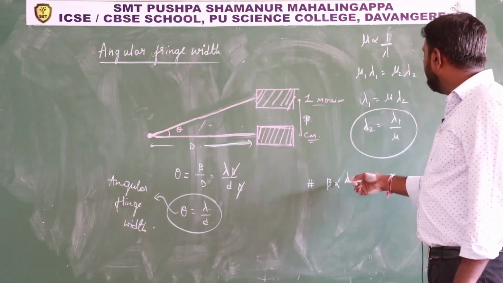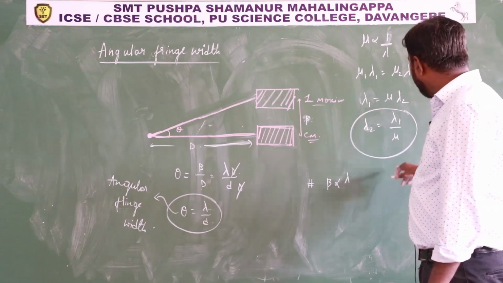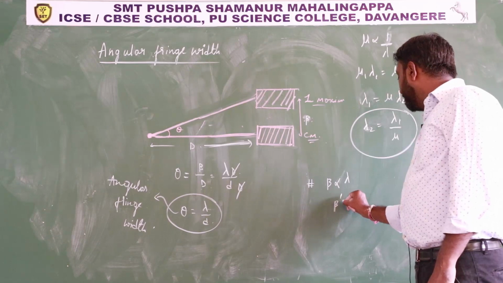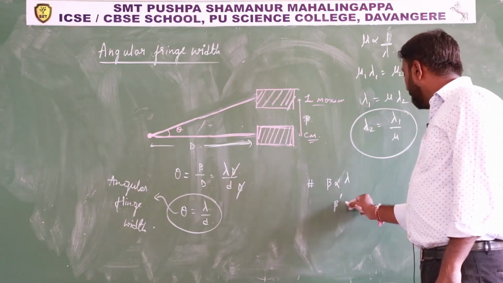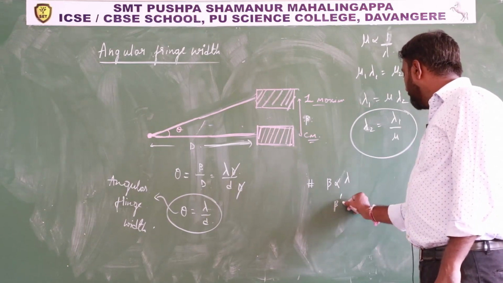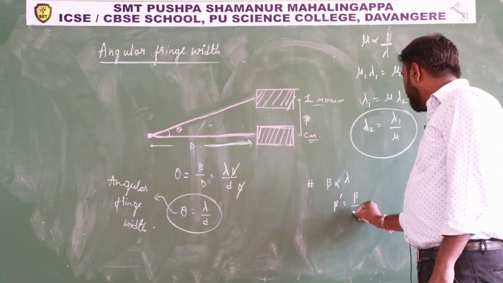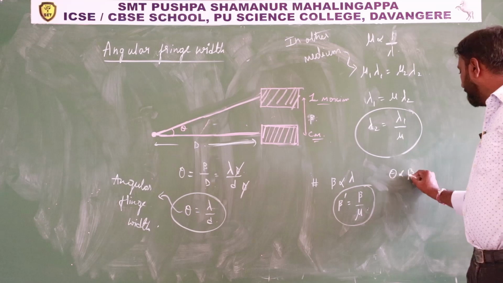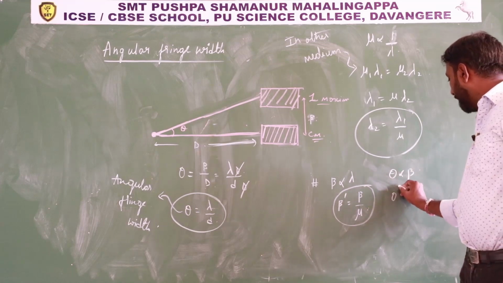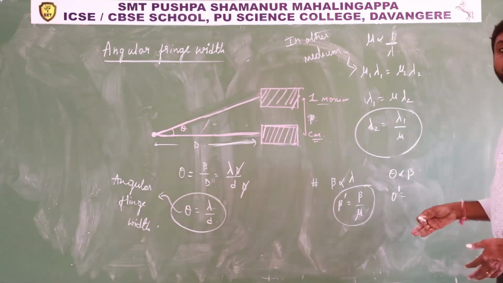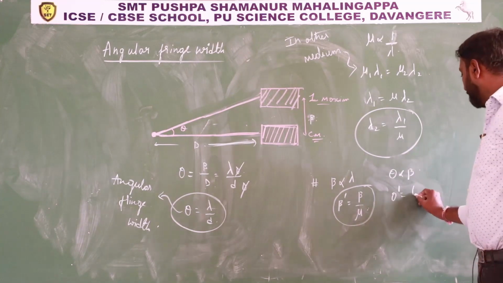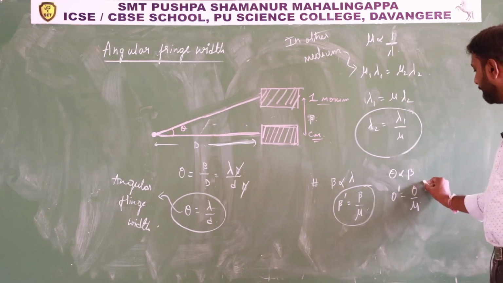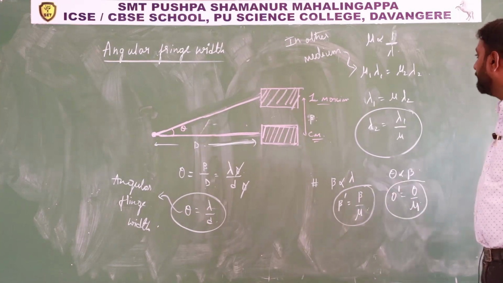So in another medium lambda decreases to lambda by mu, means in another medium beta will decrease to beta dash, which I will consider as beta divided by mu. Here theta is directly proportional to beta, right? Then theta dash, that means the angular fringe width in another medium, becomes theta by mu. So remember this formula for competitive exams.